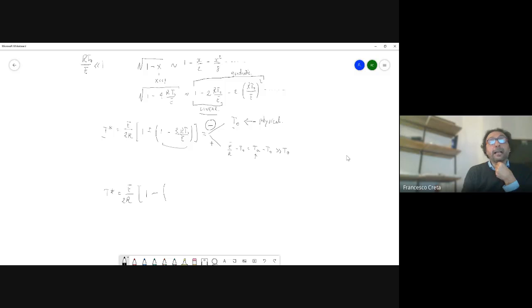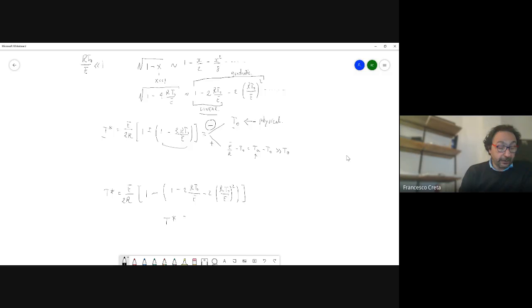And then in the brackets, we have the linear and the quadratic, minus 2RT0 over E squared. And if you do the algebra here, we have an interesting result.